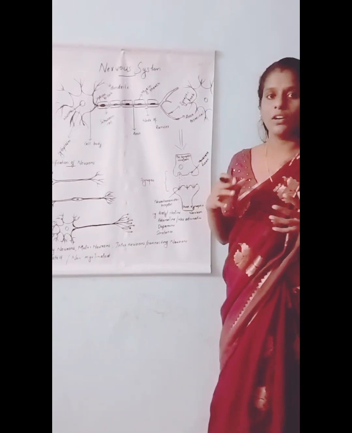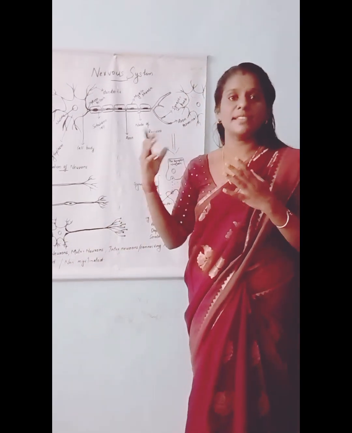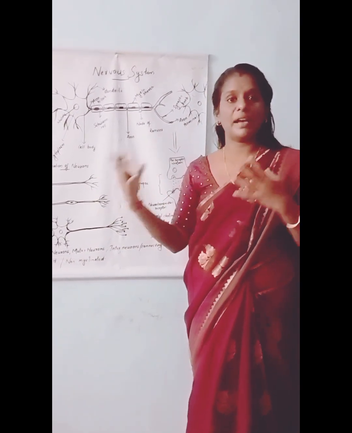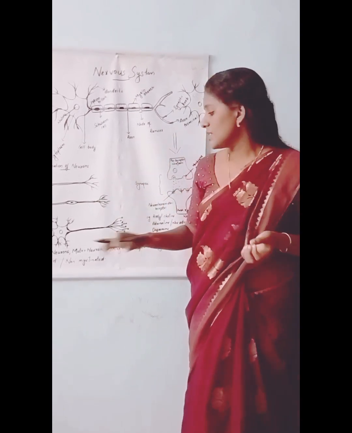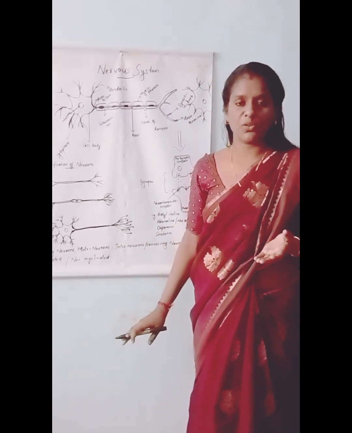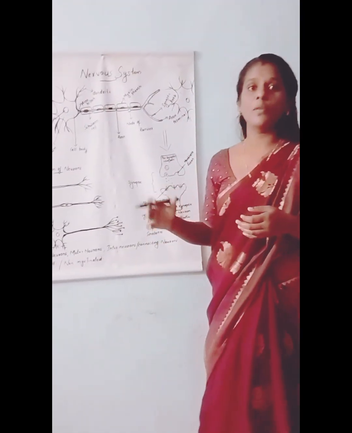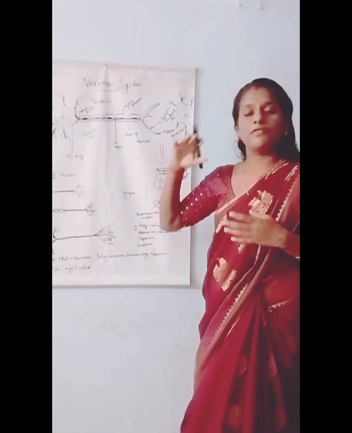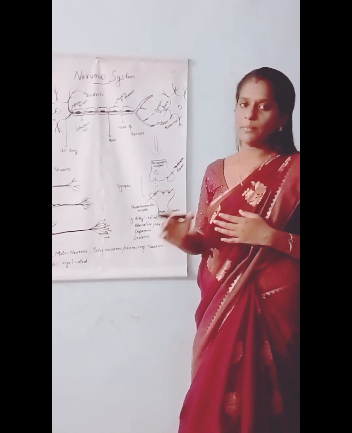Okay, that is called sensory and motor neurons. So sensory neurons carry sensory input to the brain or spinal cord, and motor neurons carry the information or response from the brain or spinal cord to the organ.